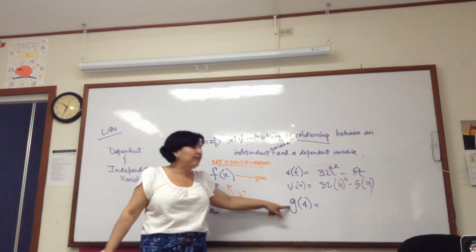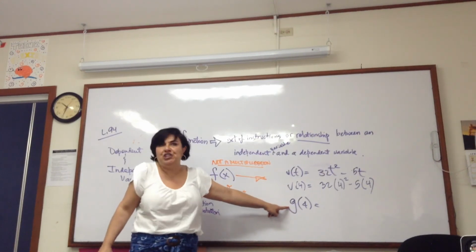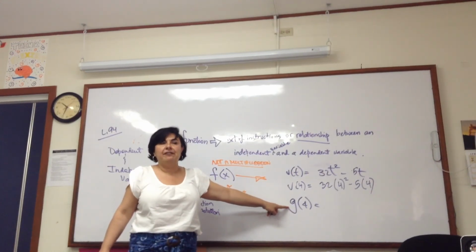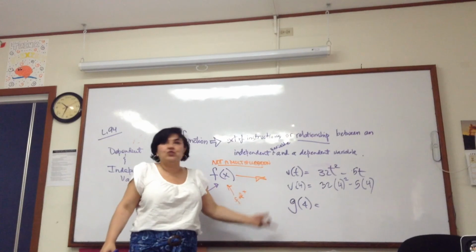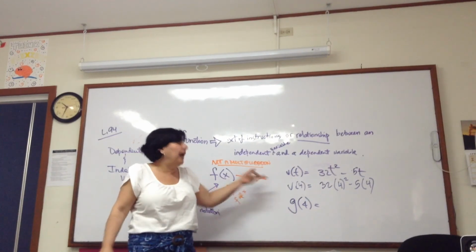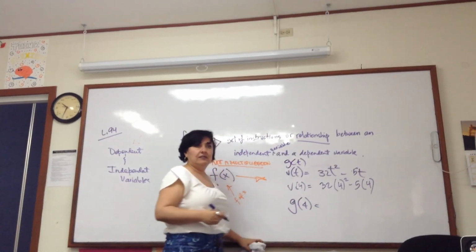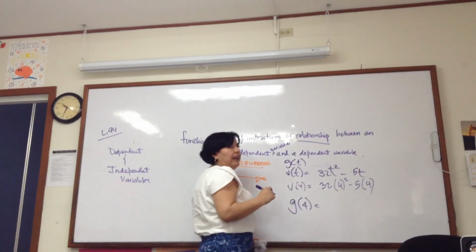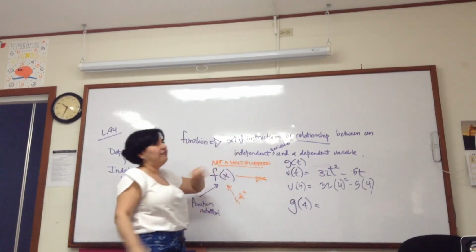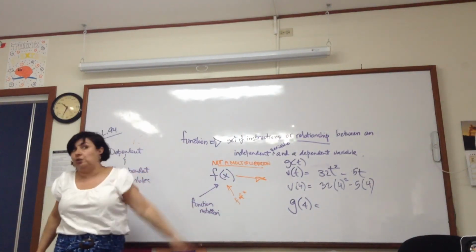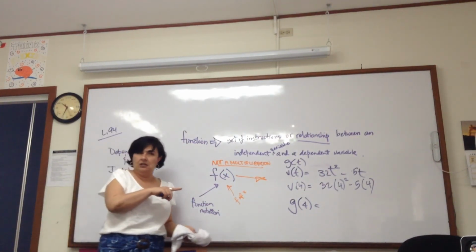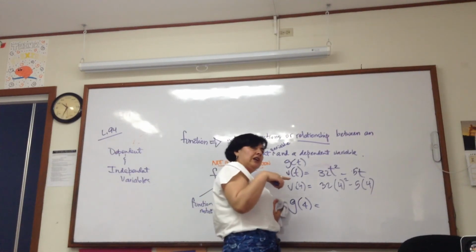Why? Because I haven't told you what the set of instructions for g is. It doesn't give you enough information. You can't do anything unless I give you what g of t is. You need the set of instructions. If you don't have them, there's nothing to do. Is that clear? Does that answer your question?